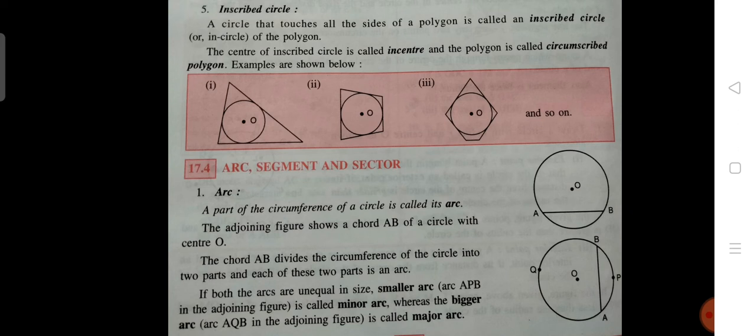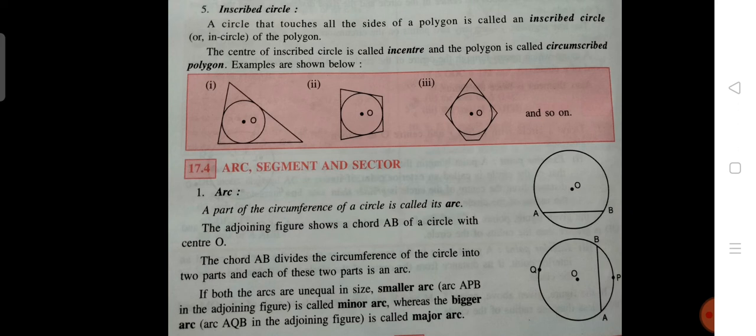A circle is drawn with center O, and a chord AB is drawn. A and B are points on the circumference of the circle, and they are joined. That is a chord. The chord AB divides the circumference of the circle into 2 parts, the upper part and the lower part.